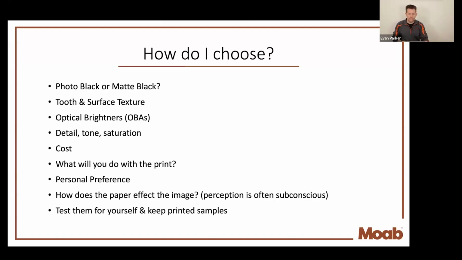Papers that'll surprise you, papers that you thought you knew really well that look different from maybe what you experienced 10 years ago or 20 years ago in the darkroom or at the little mini lab down the street. And then from that batch of papers, you're going to pick 2 or 3 that are going to be kind of your go-tos, and you're going to get to know those really well.